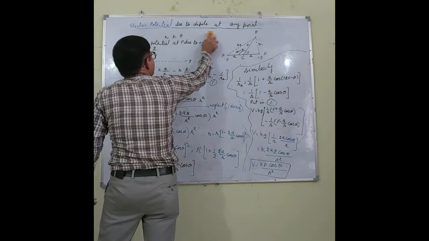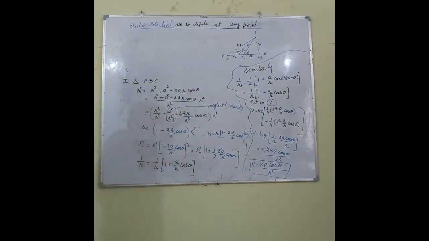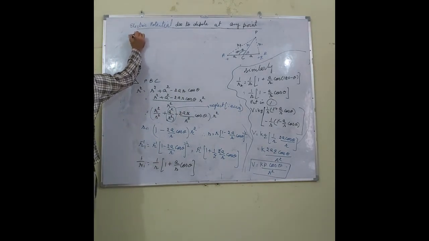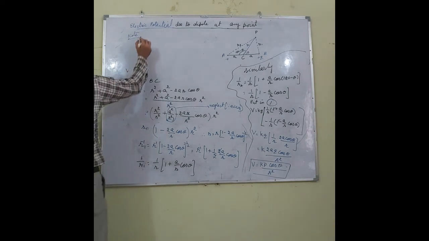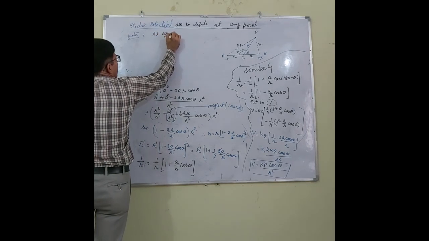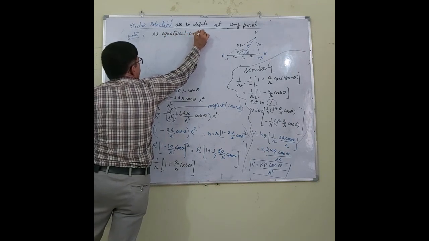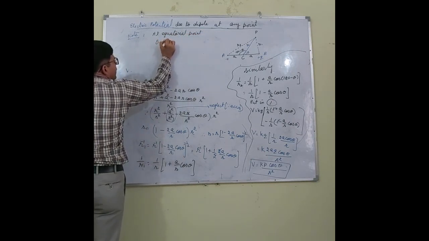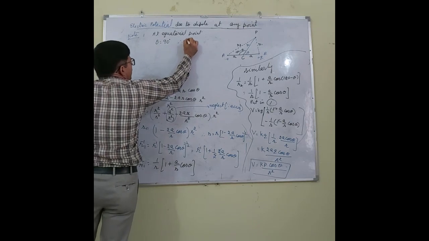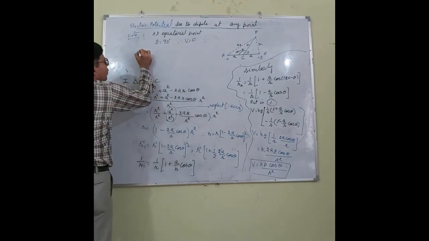Now let me rub a little bit of this. Number 1, at the equatorial point theta is 90 degrees, and cos 90 is 0, so V is 0.